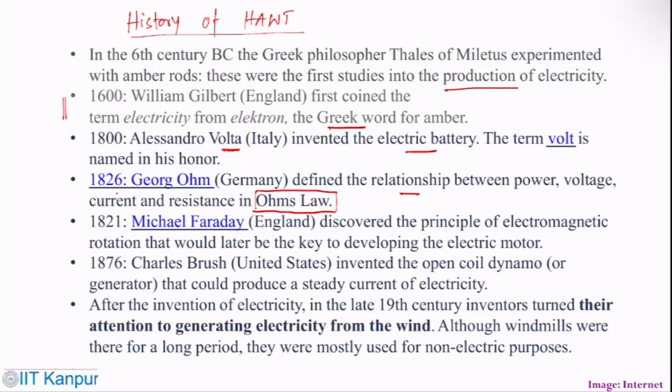In 1821, Michael Faraday from England discovered the principle of electromagnetic rotation, which was the key development in the electric motor. We also know Faraday's law by his name.